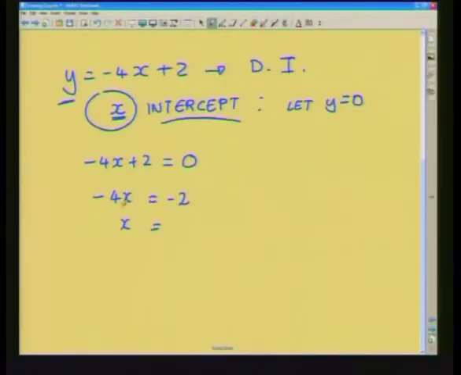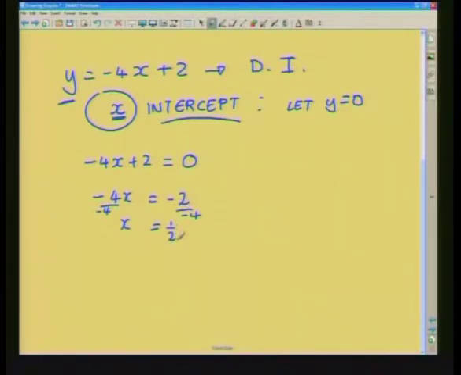Then divide both sides by the minus 4, because remember we're just looking for the x value, so we need to isolate the x by dividing both sides by minus 4. On the left hand side, minus 4 divided by minus 4 is just 1. And then on the right hand side, minus 2 divided by minus 4 will just give us a half.